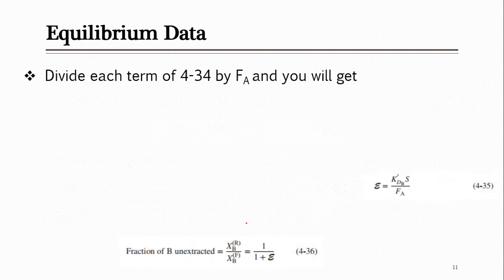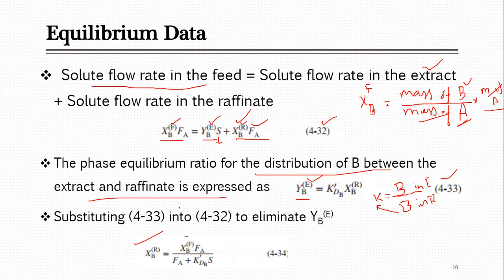Kindly ignore these equations appearing here. I will just come here. Divide each term of equation 4.34, which we just got on the last slide at the end, by FA. Just look here, we are dividing the right hand side, so I divide each term by FA.